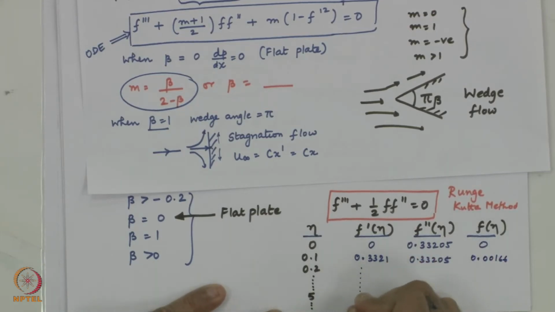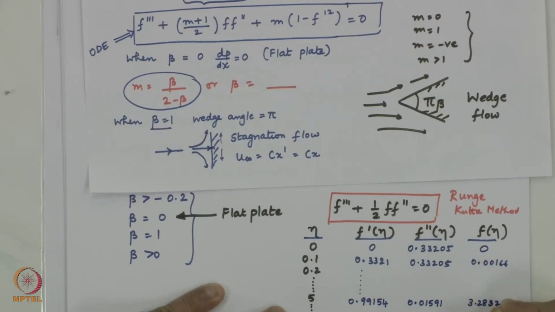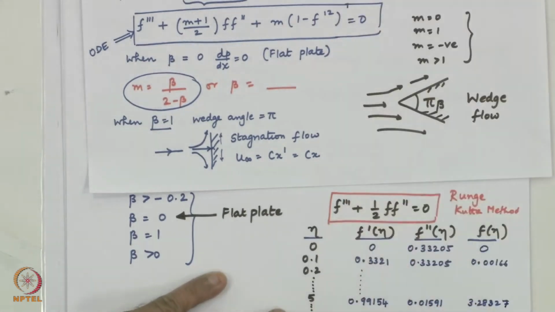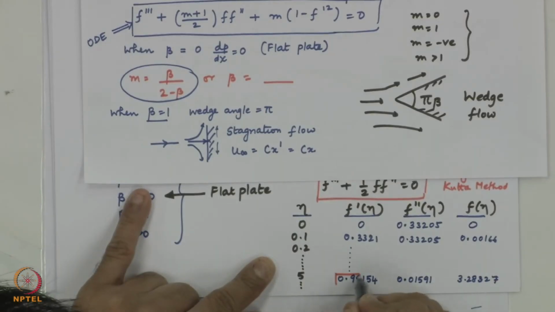At eta equal to 5, you get f prime of 0.99154, f double prime is 0.01591, f of eta is 3.28327. What is important is this quantity, f prime.